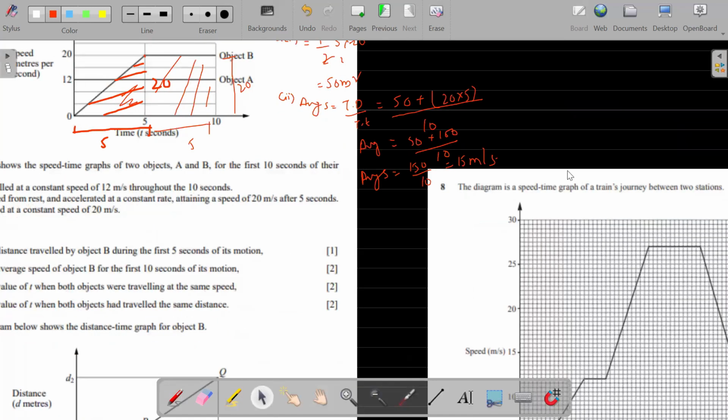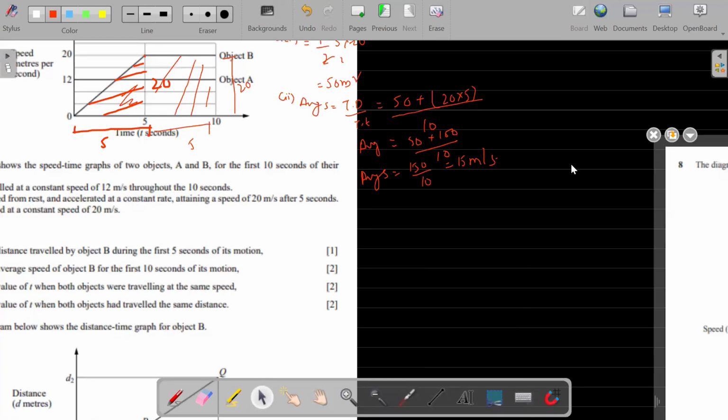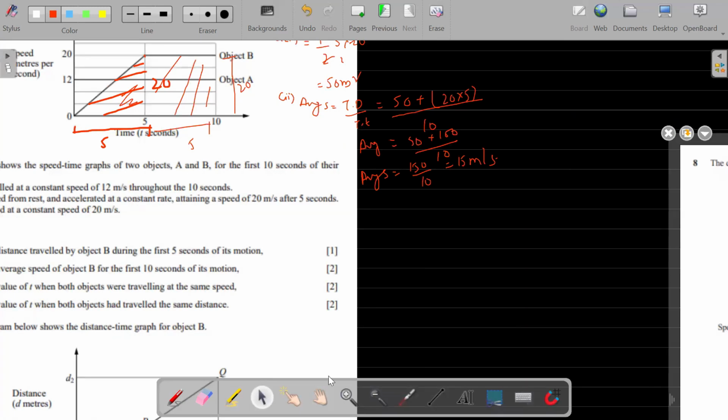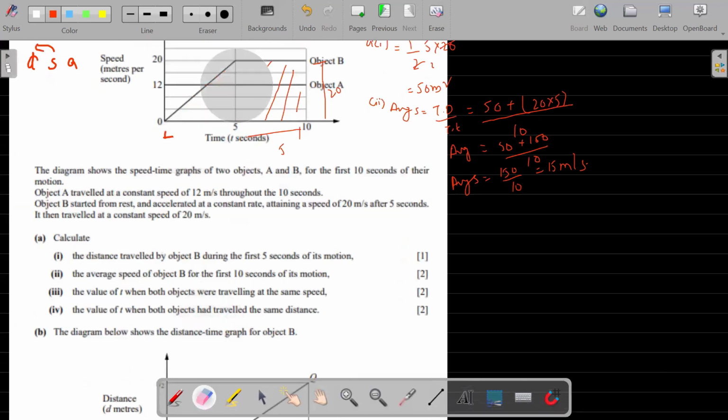Let's move to the next question. Before that, I need to make some space. All right. So what does it say now? Okay, now it says the value of t when both objects were traveling at the same speed. Okay, look, we are going to calculate this value.